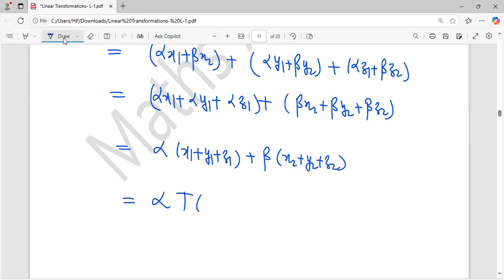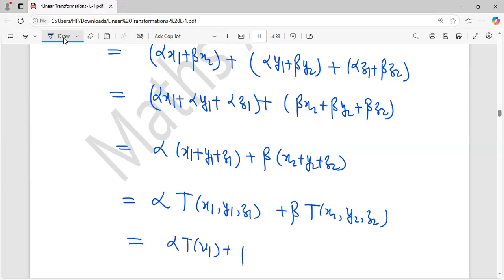This is nothing but alpha T(x1, y1, z1) plus beta T(x2, y2, z2). So this is alpha T v1 plus beta T v2.